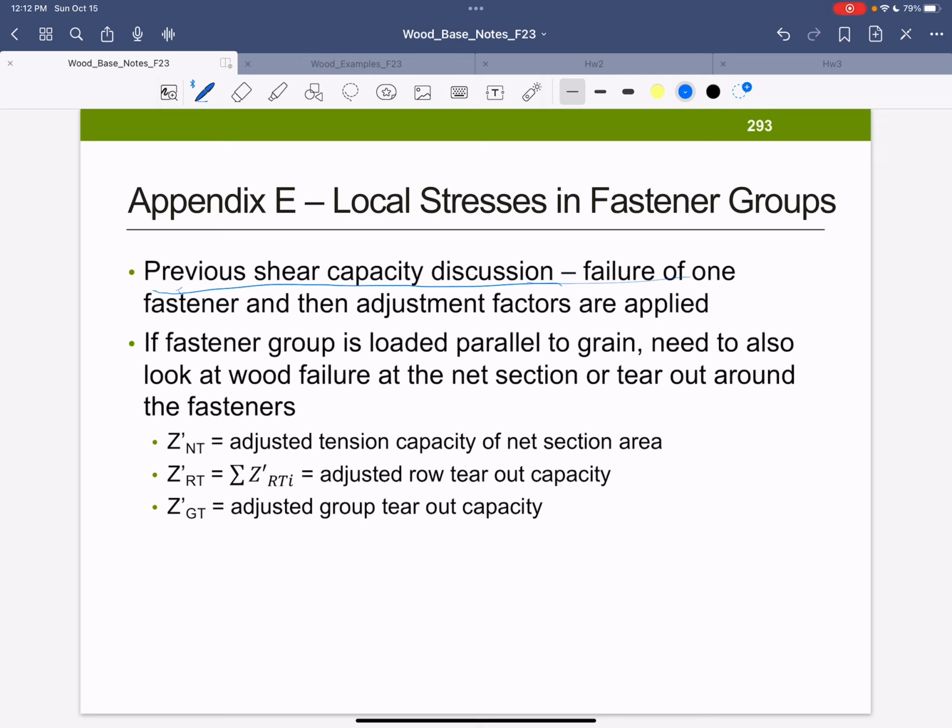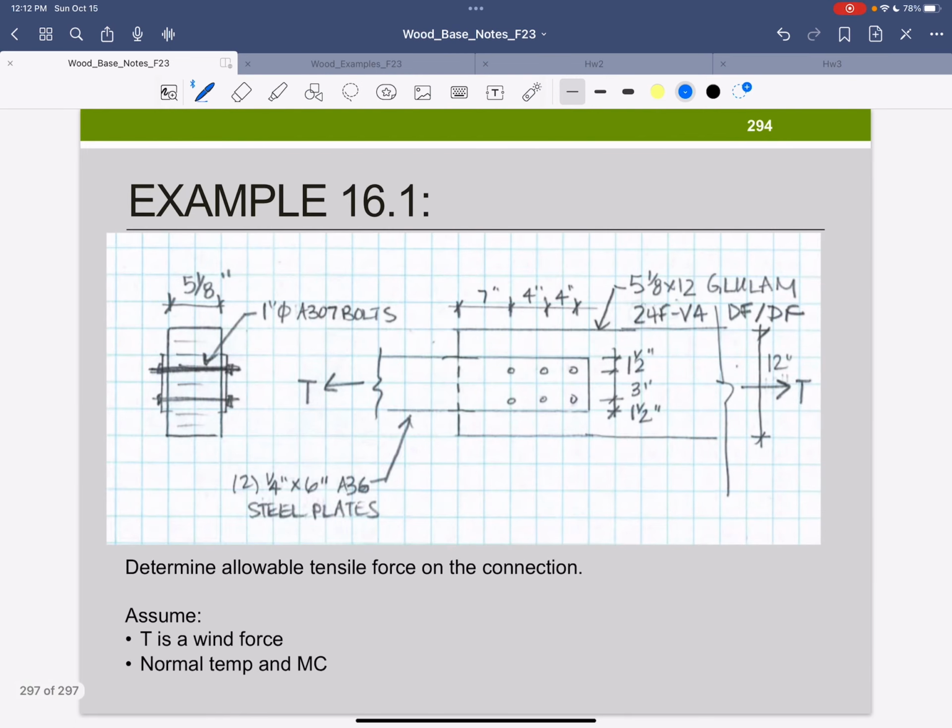We've been looking at that member failure itself, that nail or whatever failure itself, the fastener. If it's loaded parallel to the grain, we also need to look at the wood failing out at the next section, or tear out. If you've had steel, which a lot of you probably have, that's the net section tear out. We'll look at that when we do an example. All right, so we're going to start with example 6.1.